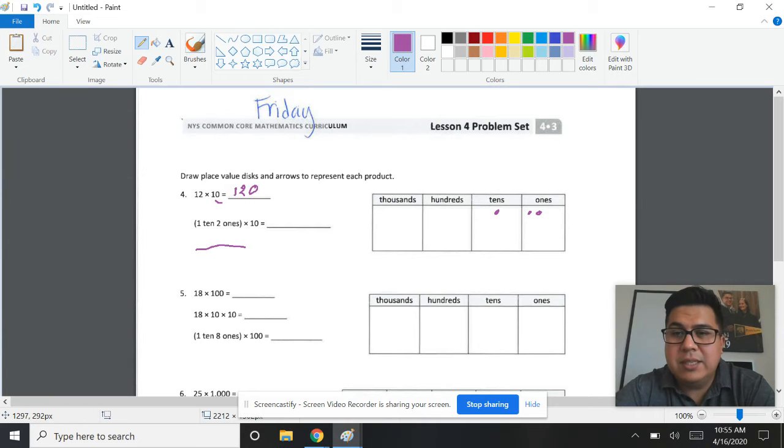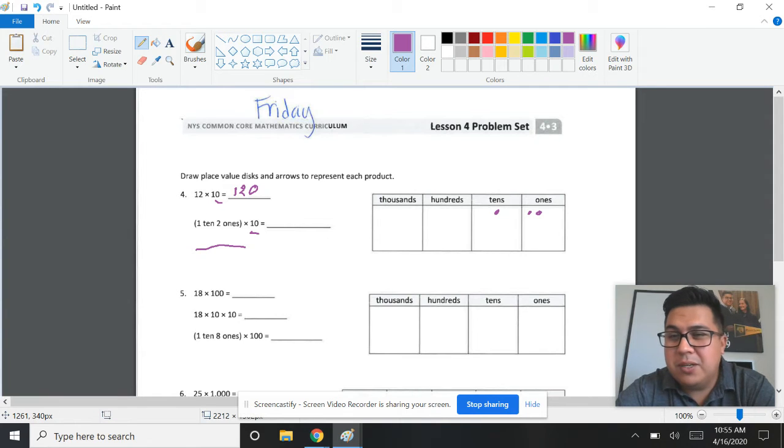But we know that 1 ten and two ones still equals 12, right? Now we have to multiply that by 10. So if we're multiplying by 10, we always have to multiply each of the numbers in each place value. So we have to multiply this 1 ten by 10 and these two ones by 10.